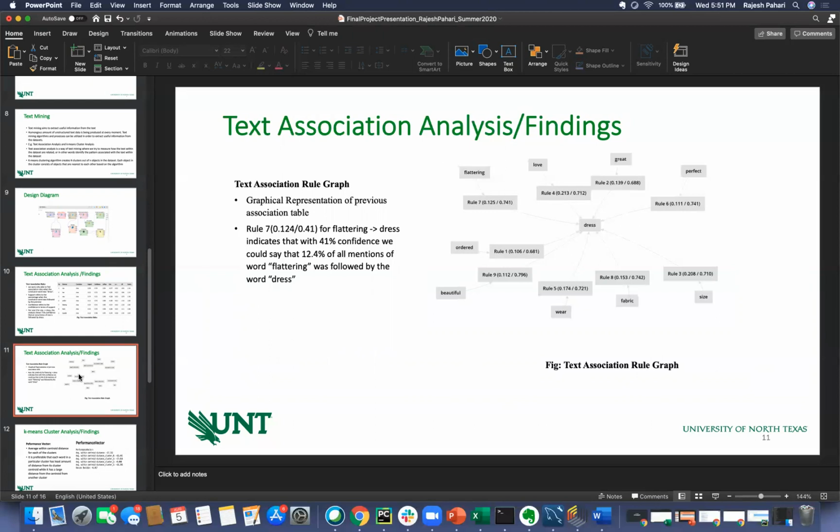And we see the rule numbers, support and confidence laid out. For example, rule 7, flattering to dress, indicates that with 41% confidence, we could say 12.4% of all mentions of the word flattering were followed by the word dress.